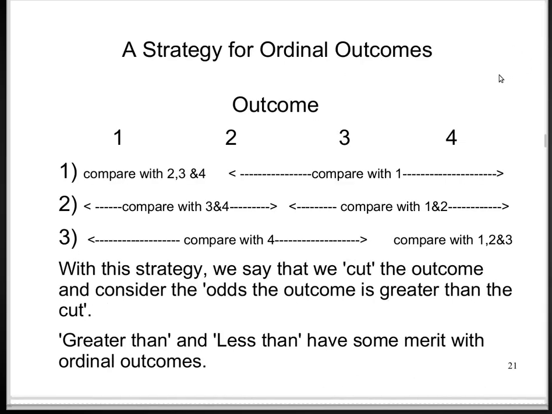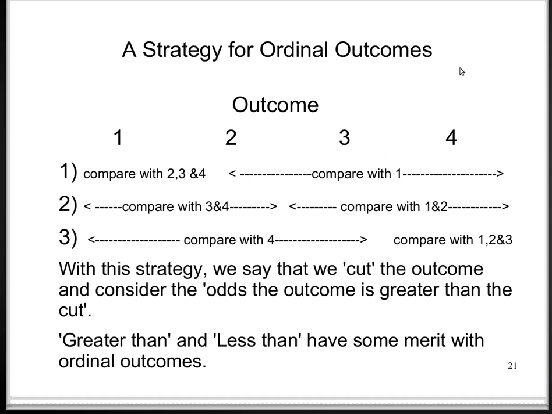Because now what we'd like to do is view the ordinal nature of the outcome as important in this assessment. In other words, really what you could make is the case for the 3 comparisons that are different from the ones we argued for initially. Okay.